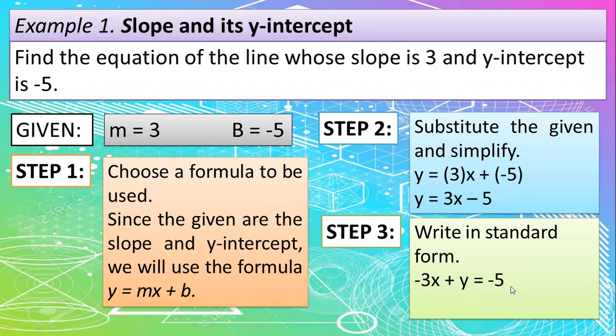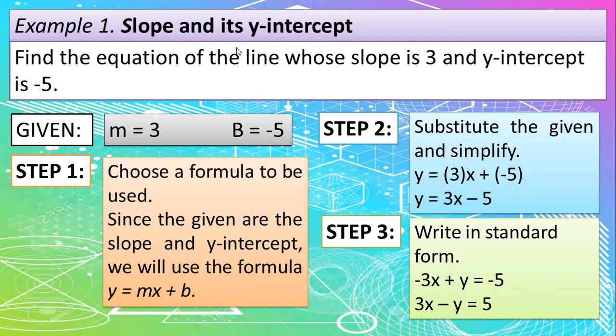Now, nasa form na ax plus by is equal to c na siya. However, in most cases, ayaw natin na yung a natin is negative. Para mas proper din po siya, we simply need to multiply this whole equation by -1.